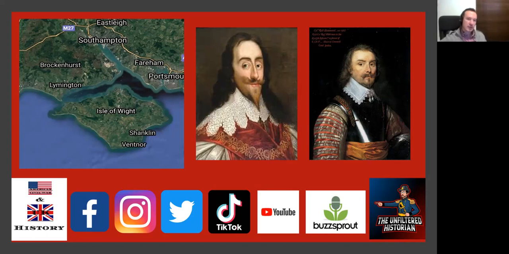So I think Charles goes to the house of a supporter, probably to make a decision on where he's going to go. And one of his closest supporters, one of the two men that had left Oxford with him back in 1646, turns up and says, "Oh, I've brought somebody here. It's Robert Hammond, the governor of the Isle of Wight. He'll be supportive, I'm sure, and perhaps the Isle of Wight's a good place."